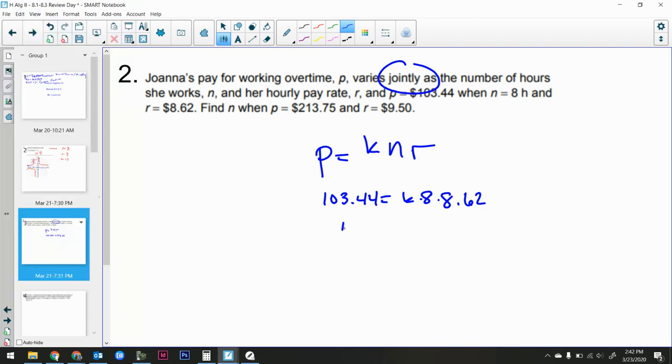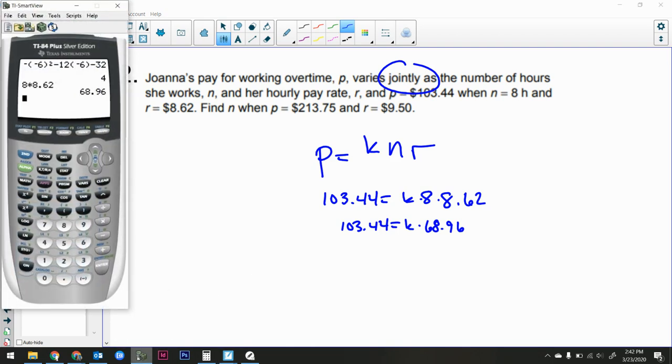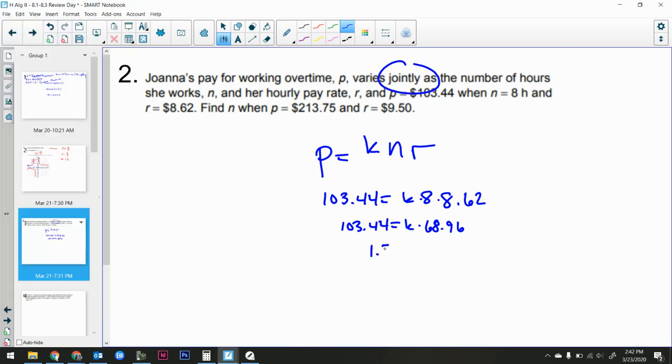So 103.44 is equal to K times 68.96. I divide over: 103.44 divided by 68.96, 1.5. The K value is 1.5. Now that means my equation turns into P is equal to 1.5 N R. So that's my new equation, right? So if it asks for the equation, that's my equation.